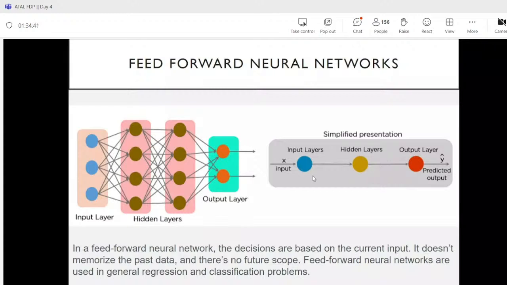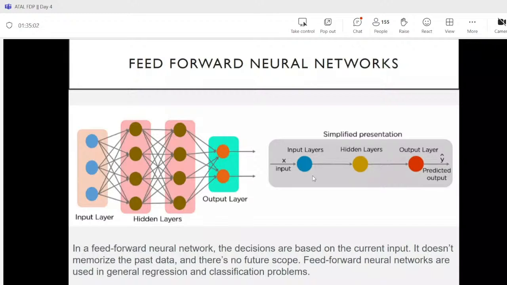So, going for the types of RNN. I'm not going to go in depth in this part because it will take a very long time. I'm going to give a simple definition. There are 4 types of recurrent neural networks: one-to-one, one-to-many, many-to-one, and many-to-many.